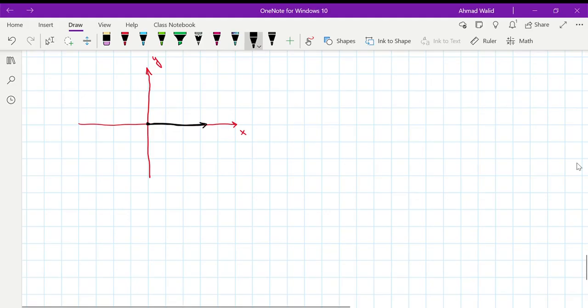and my terminal side lies on one of these quadrants, quadrant 1, quadrant 2, 3, or 4, and I'm turning counterclockwise. I call this angle in a standard position. This is your initial side.